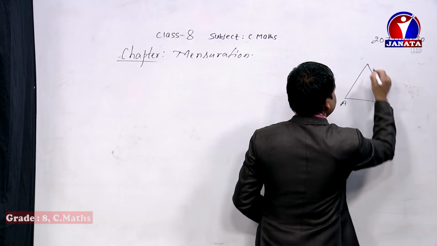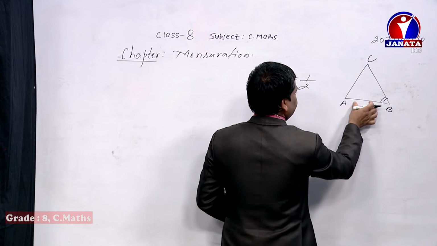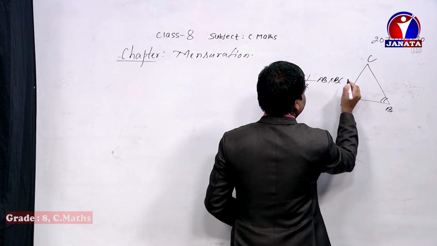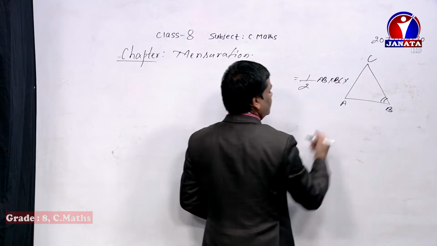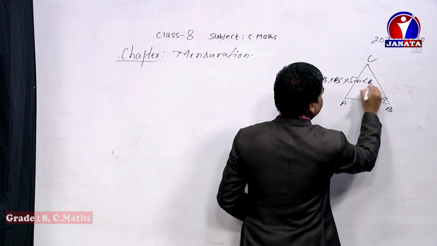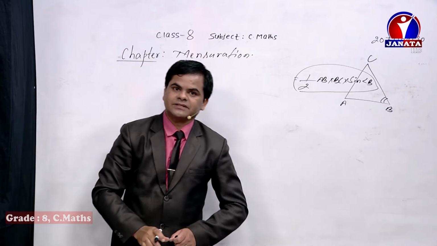If the middle angle is given, then by taking the product of two sides AB into BC into the sine of the angle between the two adjacent sides, angle B. By using this formula, we discussed in the bygone day how many formulas can be derived.